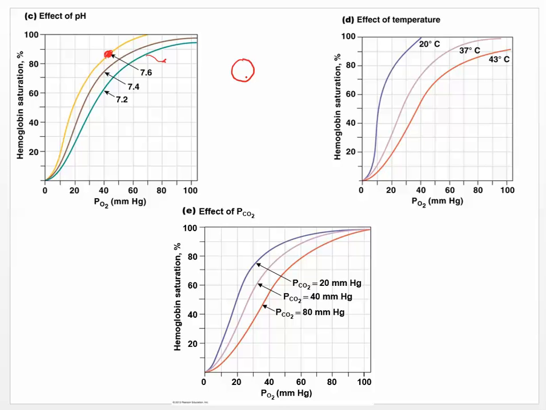Okay, why is this significant? Because around a cell, let's say you have muscle cells that are working really, really hard, it becomes acidic around those. They're producing more carbon dioxide. Remember, if you increase your carbon dioxide, you decrease your pH, so you're creating more hydrogens. So it becomes very acidic around these muscle cells.